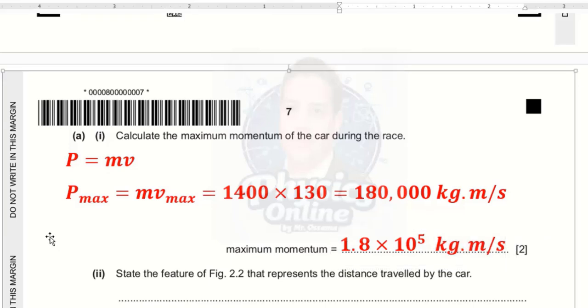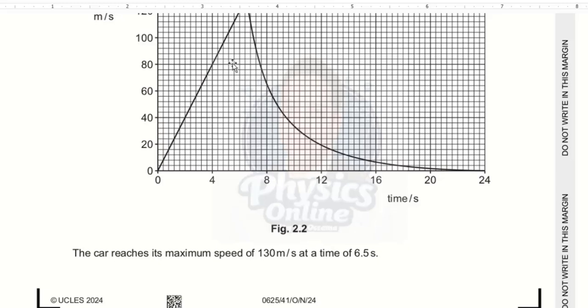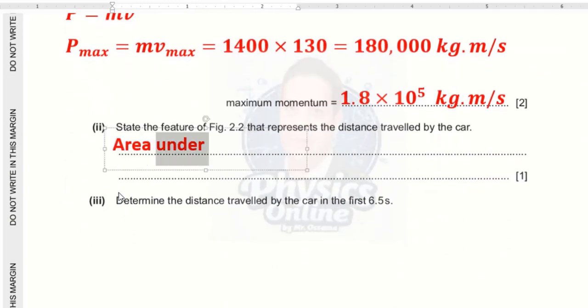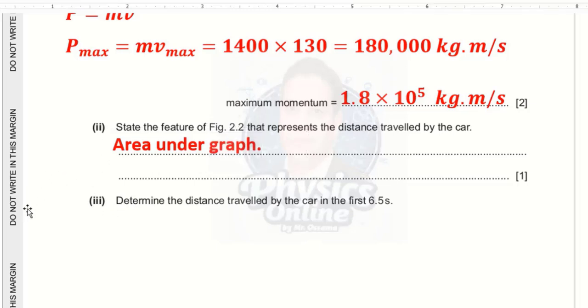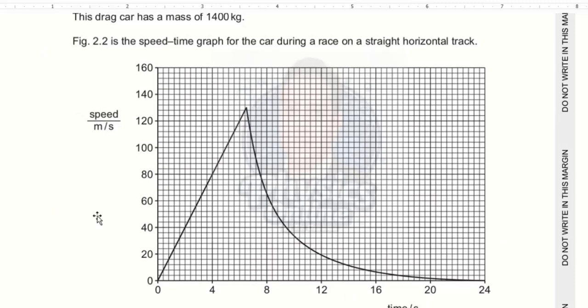State the feature that is represented by the distance traveled by the car. Where we can find the distance traveled by the car, this is the area under the graph. Determine the distance traveled by the car in the first 6.5 seconds. In the first 6.5 we have this area, a triangle.